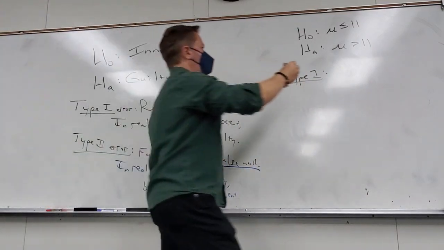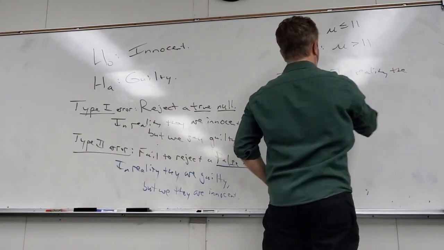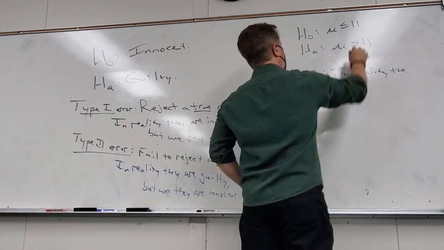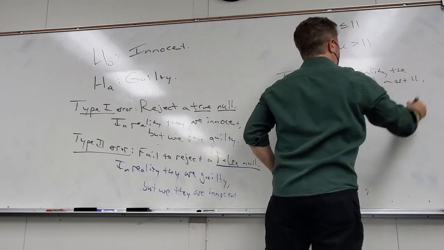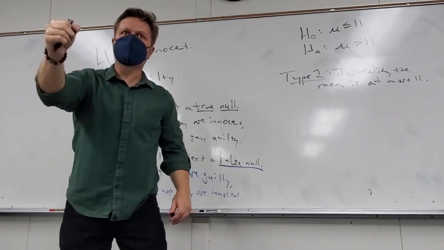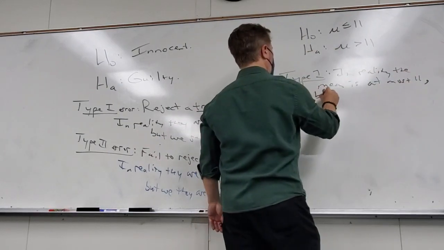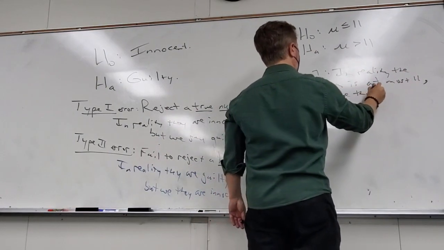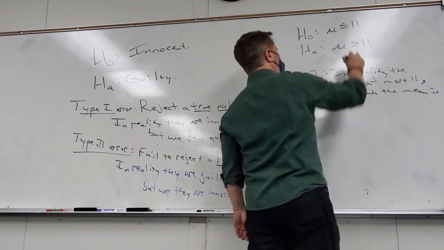In reality, the mean is at most 11, right? Reject a true null. So the null is true, but we think the mean is greater than 11.